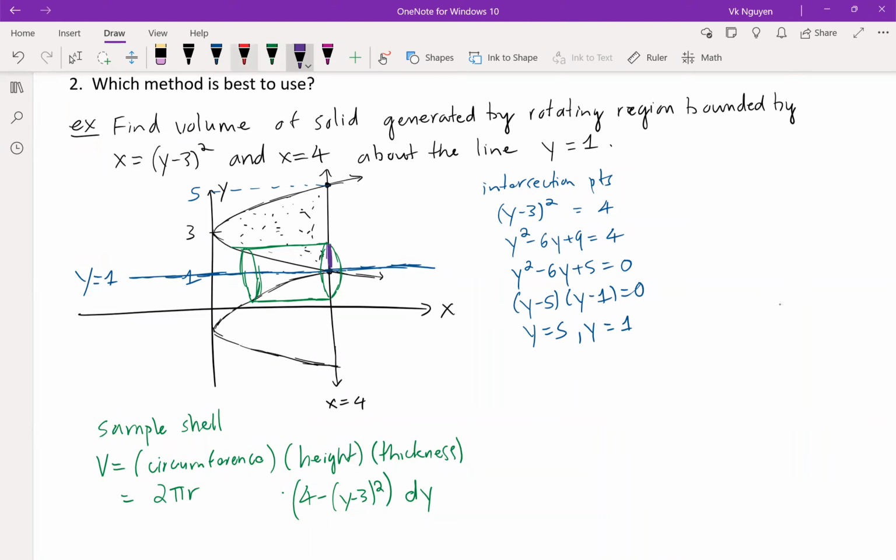So from here to here is 1. That means this small distance is y minus 1. So we have 2 pi (y minus 1) multiplied by 4 minus (y squared minus 6y plus 9) dy.